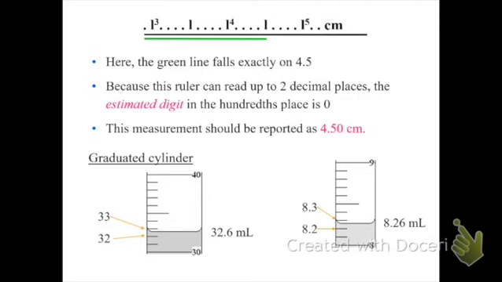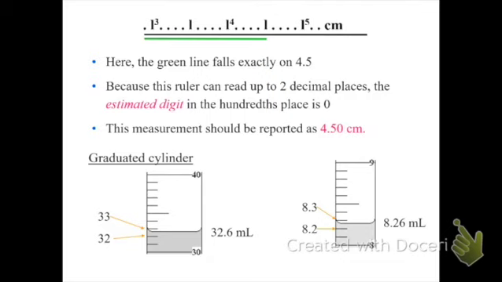We can't just write 4.5, because if you leave it as 4.5, you would be saying, I know I have 4, but I'm not sure about the 0.5. That leaves room for anybody to say maybe it's 4.7, which is not, or maybe it's 4.9, which is not. That's why you always have to protect it by adding that 0, which is part of the estimated digit.